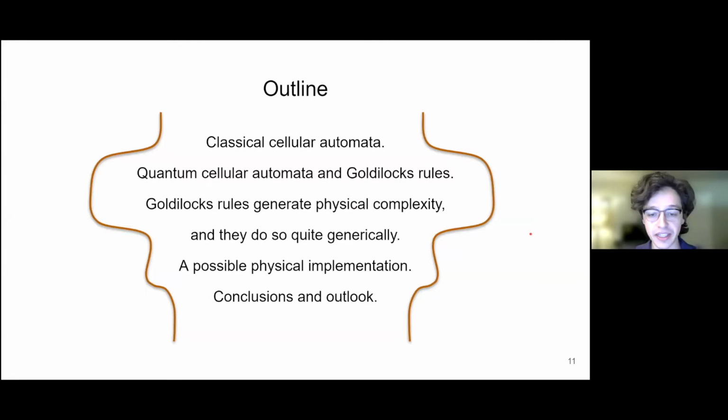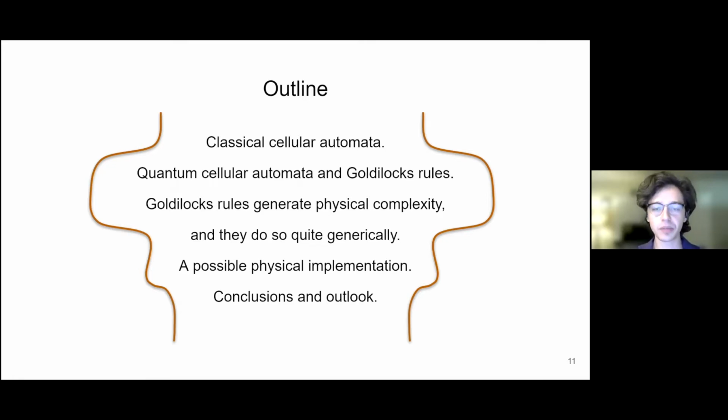Moreover, I'll show that they do so quite generically by taking a few different generalizations, different options in defining, modeling and simulating those quantum cellular automata. If there's time at the end, I'll look at possible physical implementations in a Rydberg atom system. And I'll close with some conclusions and an outlook for the future of this work.